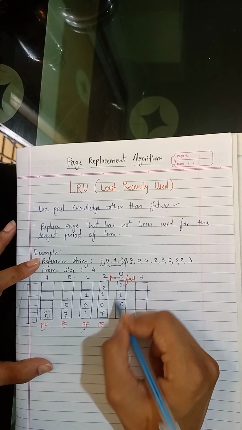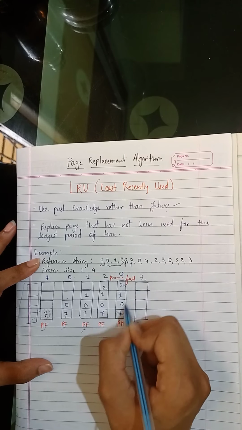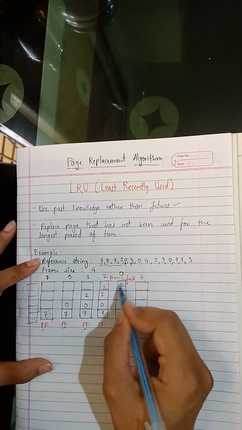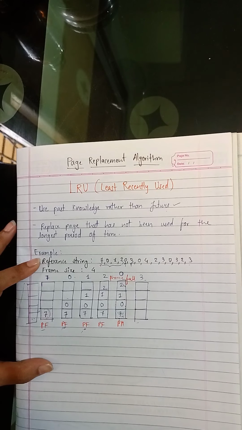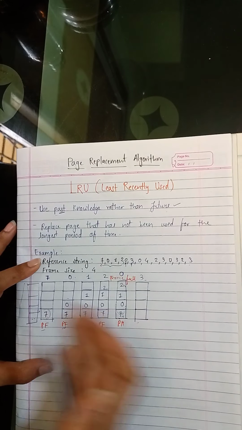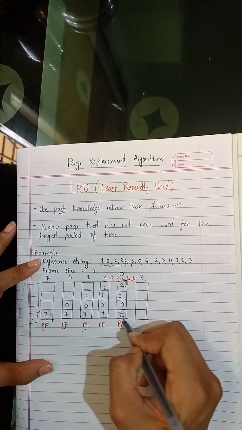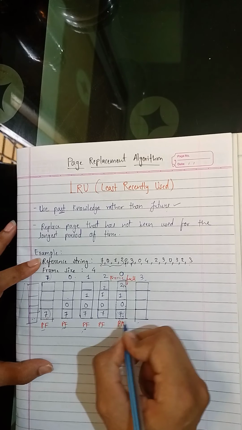Now which element do we replace by 3? You have to mark down these elements: they are 2, 1, 0 and 7. Among these elements, which is the least recently used, which was used very early, it is 7. Among these 4 elements, 7 was used earliest, so replace 7 by 3.